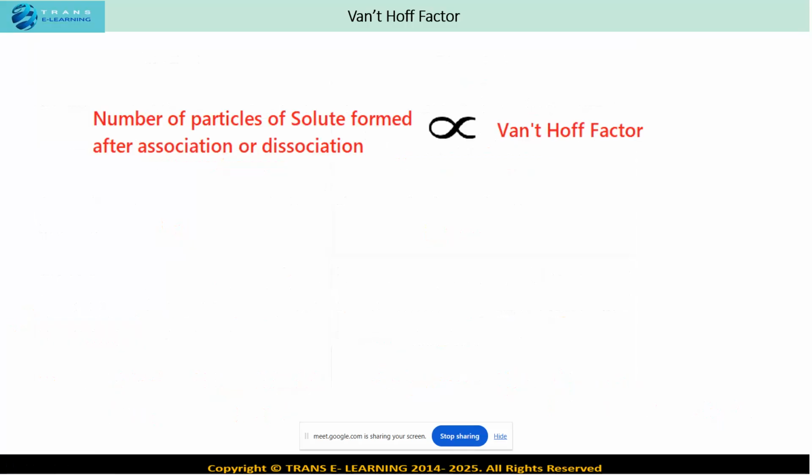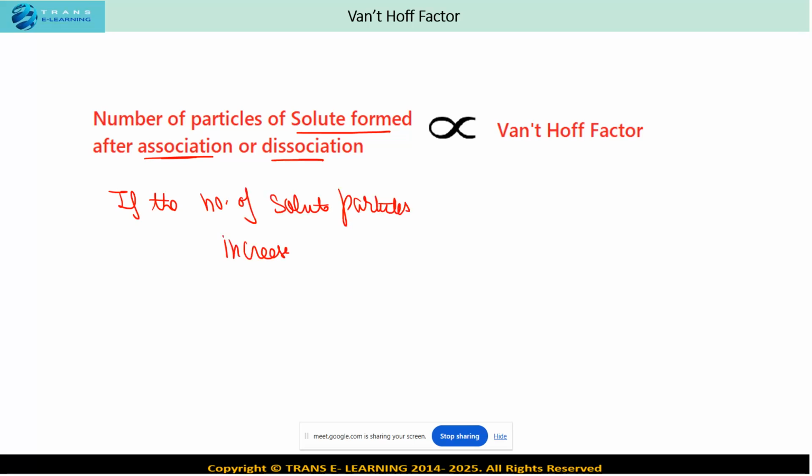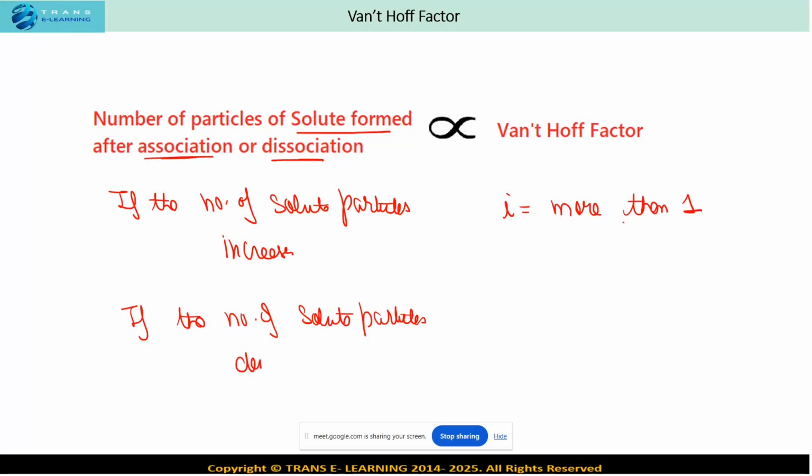And remember the trick: the number of solute particles formed after association or dissociation is directly proportional to the Van't Hoff factor. So if the number of solute particles increases, then the Van't Hoff factor also increases, and in that case it will be more than 1. And if the number of solute particles decreases, then the Van't Hoff factor will be less than 1.